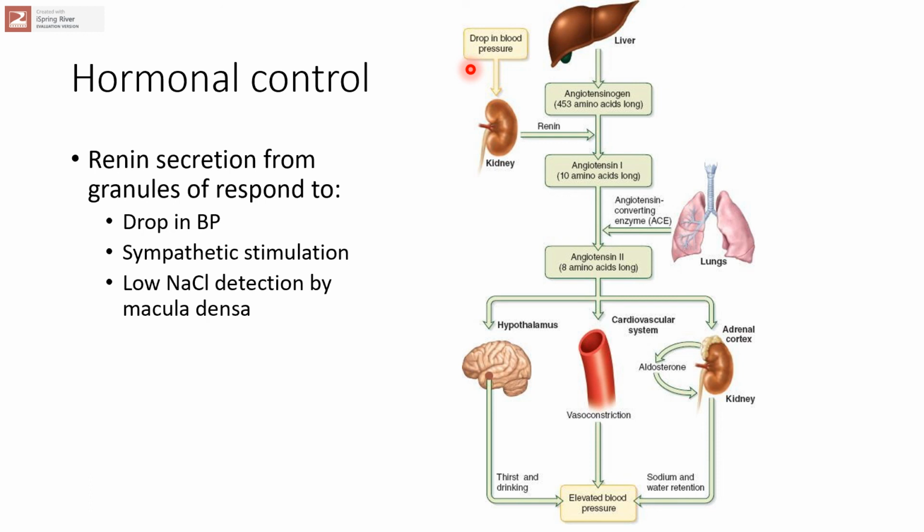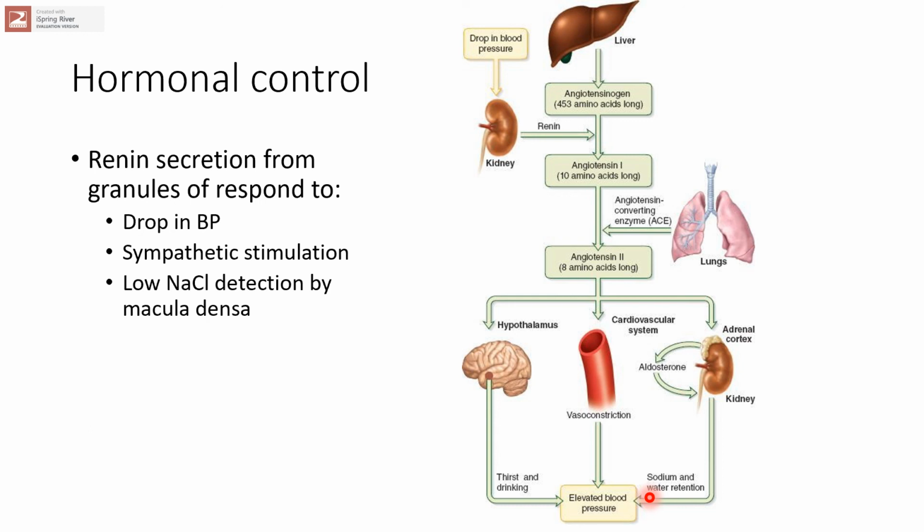So when the blood pressure in the body is low, the granular cells secrete renin, and the renin enters the blood plasma, and it reacts with the blood plasma proteins to form angiotensin 1 from angiotensinogen.